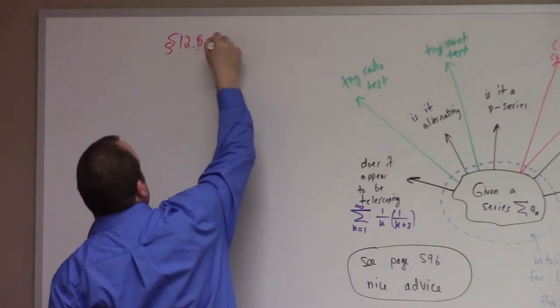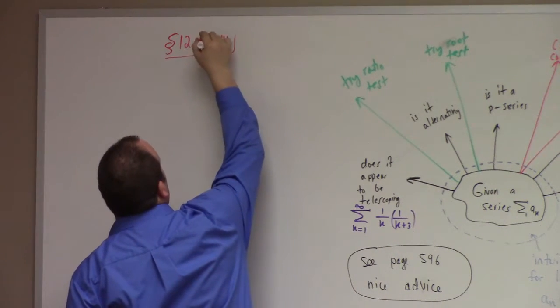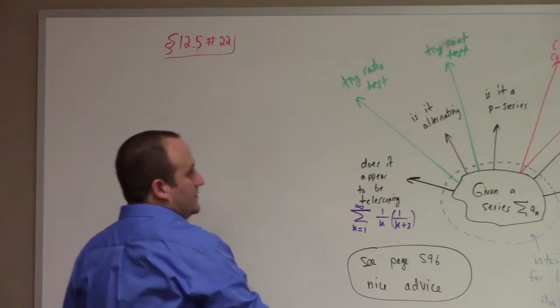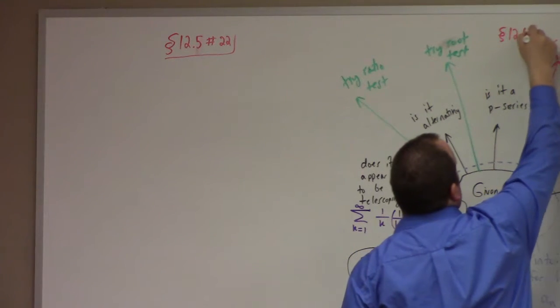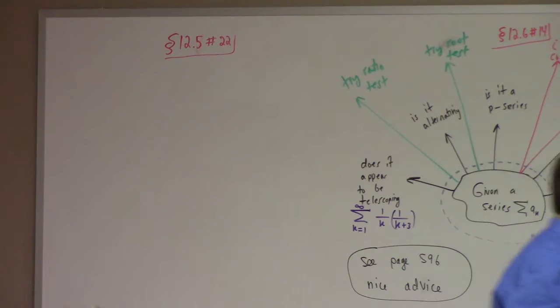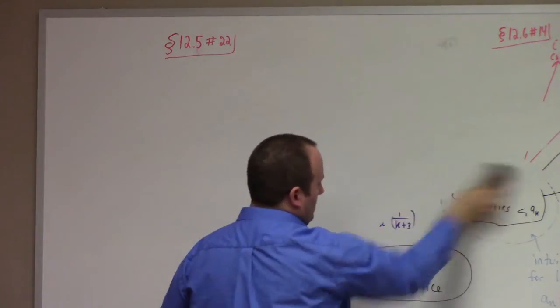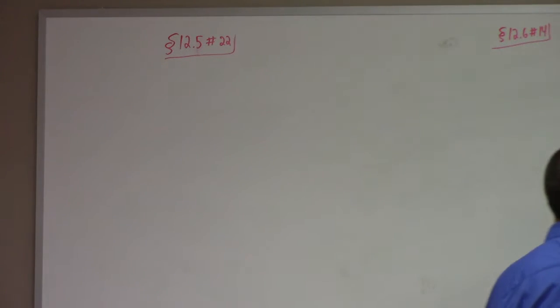Number 22 of what? 12.5, number 22, and what was the other one? All right. 22, is that the sum of (-1)^k divided by k+1, k equals 0 to infinity? No? Okay, cool.